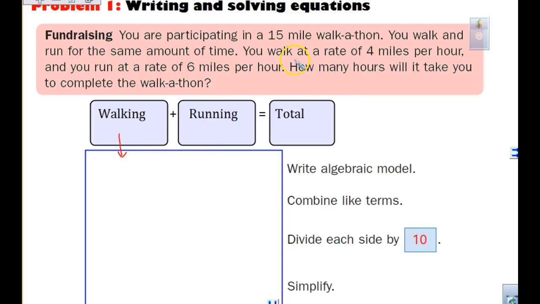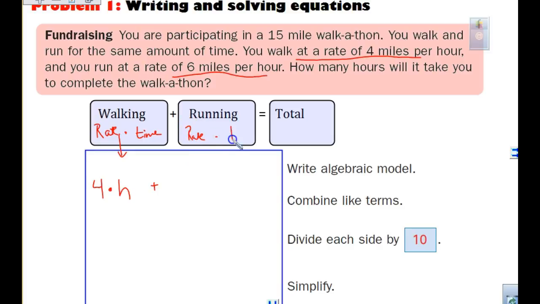So if we are looking at this, we're going to take our rate times time to find the distance. Okay? Now, the rate that we are walking is 4 miles per hour, and we don't know how many hours, how much time, so we're going to put 4h. Plus, if we're running, how fast are we running at? We are running at 6 miles an hour.